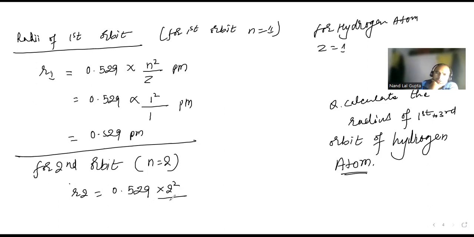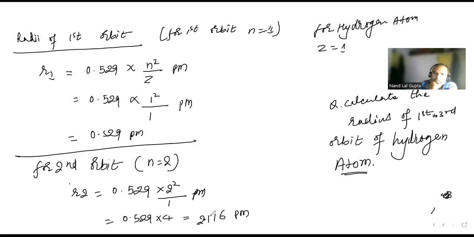So it is 0.529 into 4. 4 nines are 36, carry 3. 4 twos are 8, 8 plus 3 is 11, carry 1. 4 fives are 20, plus 1 is 21. Placing the decimal, it is 2.116 picometer.